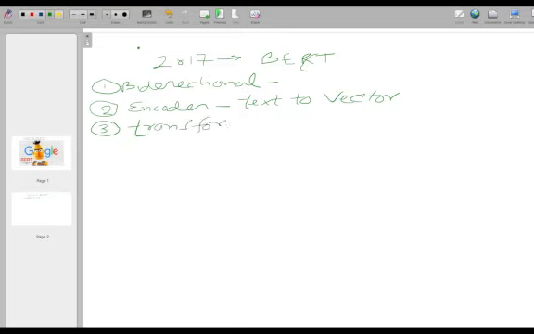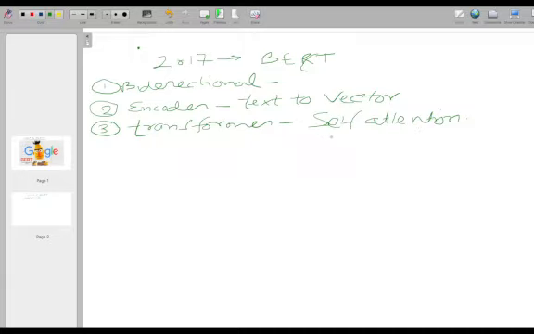A transformer is an architecture based on the self-attention mechanism. We will go into a bit of detail on what self-attention is, why it is so famous, and how things were working before this self-attention mechanism.